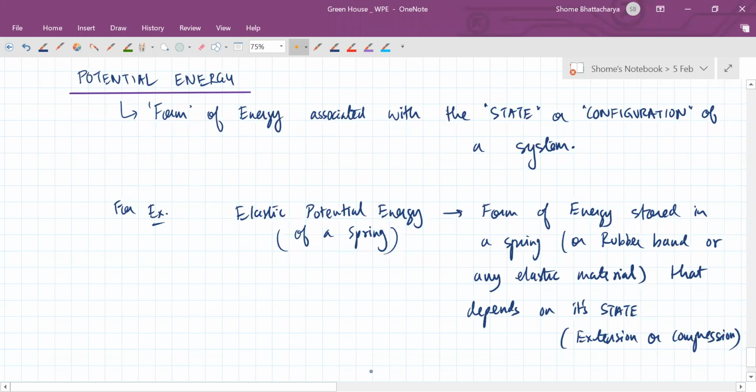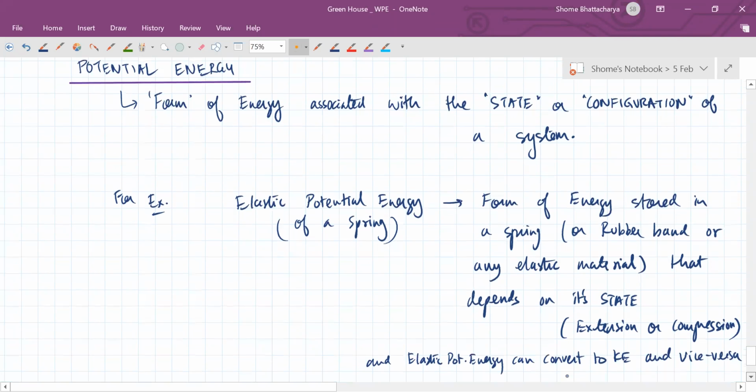And elastic potential energy can convert to kinetic energy, and vice versa, during any process.